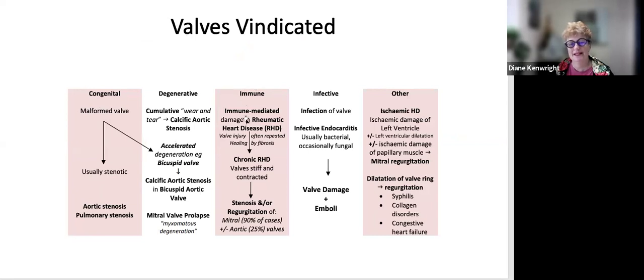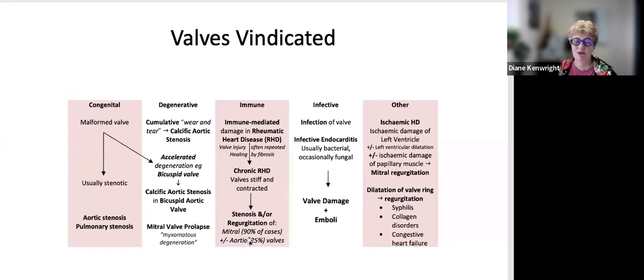The immune-related diseases, of course, rheumatic fever, which affects the mitral valve mostly, but also the aortic valve, infective endocarditis, and then in other, the big one is ischemic heart disease, which can lead to mitral regurgitation because of abnormalities in the papillary muscle. I think these ones here aren't particularly worth thinking about.